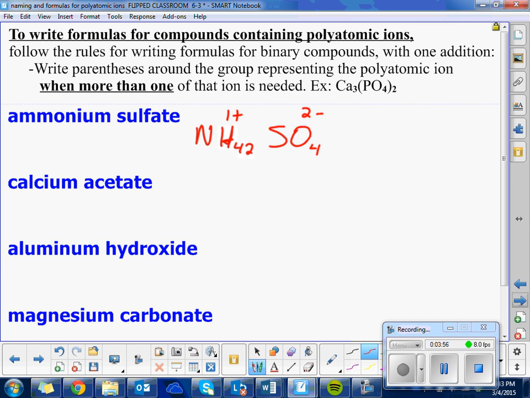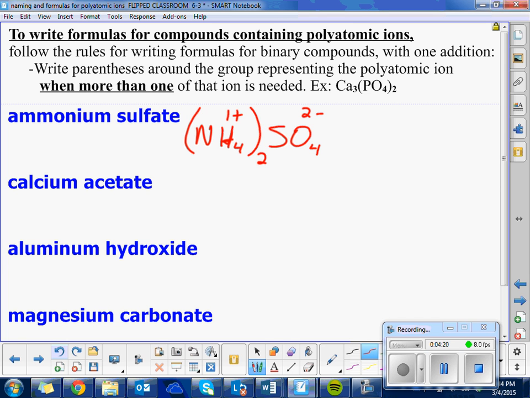So we don't have 42 hydrogens, we have 2 NH4s. So I need to put parentheses around the entire NH4 and show there's 2 of them. Now I do not need parentheses around the SO4 because I don't have to cross the 1. So it's obvious that I have 1 SO4. I don't need parentheses to show that.